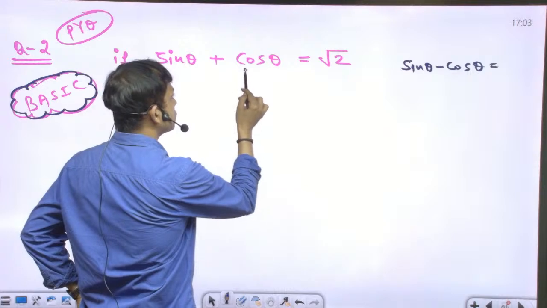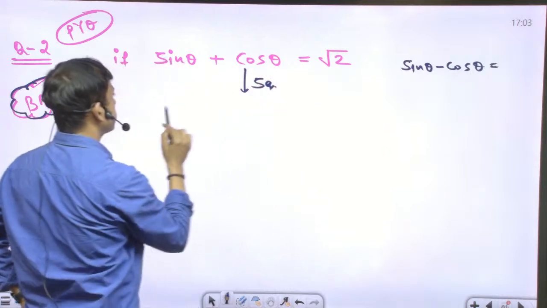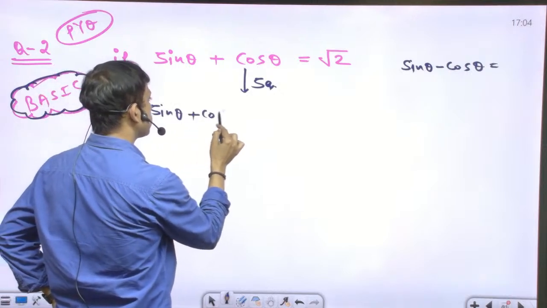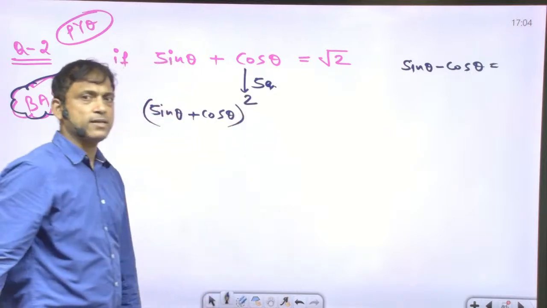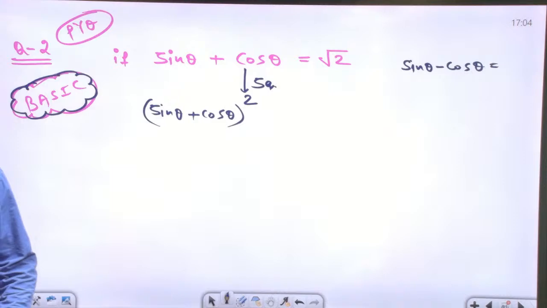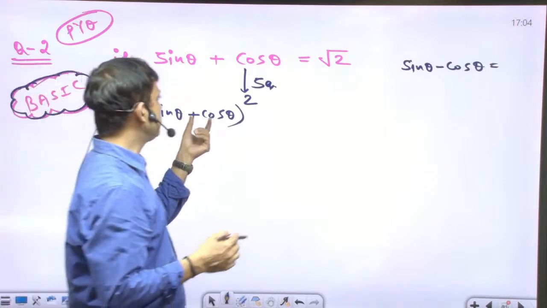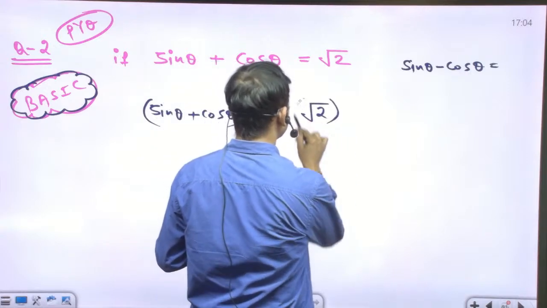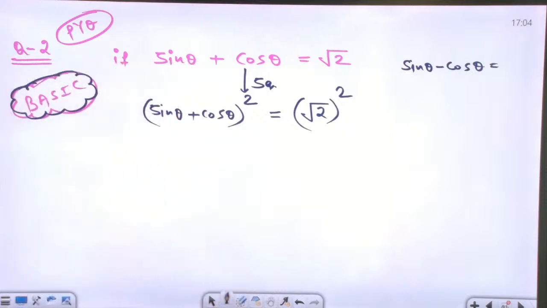First square this number. Square means sin theta plus cos theta whole square. According to algebra, (a plus b) whole square, in place of a is sin, in place of b is cos, and this number will be root 2 square. This is the basic approach.